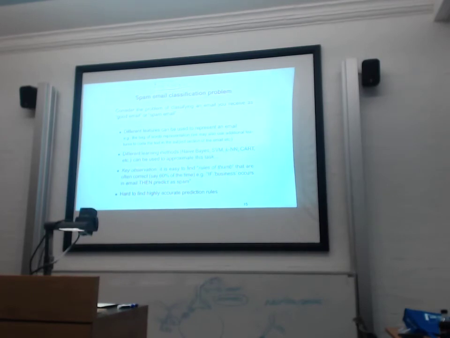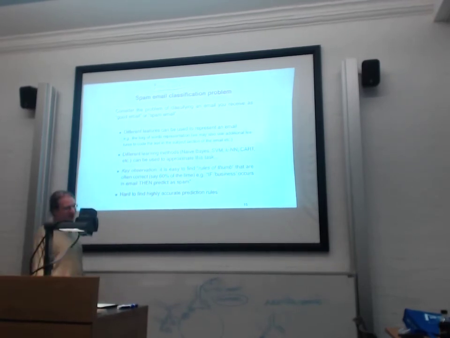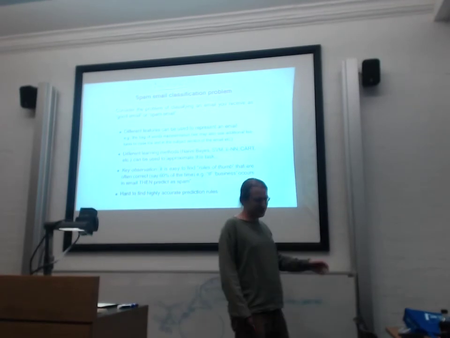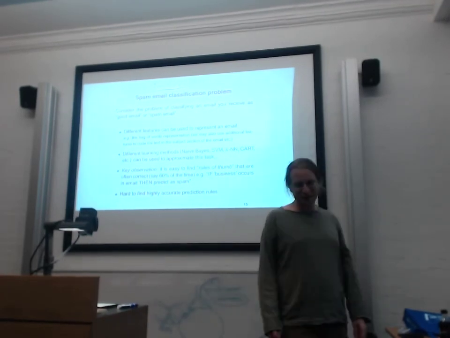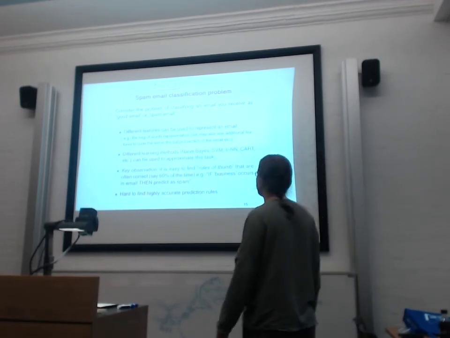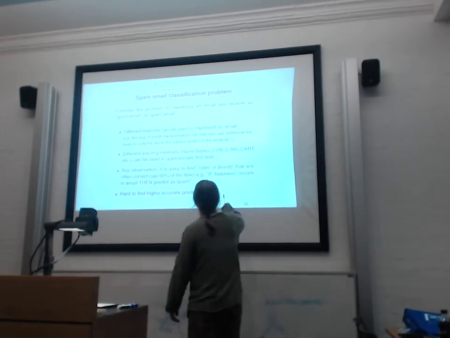Okay, so imagine you have an email. You might say, it's probably spam because it uses the word business in it. And you realize that if I use this rule, I get it right 53% of the time if I say business.